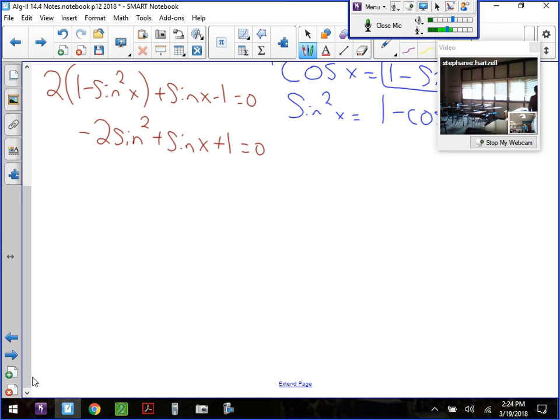Thanks. So now you're at a part where you can factor, aren't you? Negative 2 sine squared plus sine plus 1. But we don't like to factor with the first term being negative, which means we want to move everything to the other side, or better yet, multiply everything by negative 1.